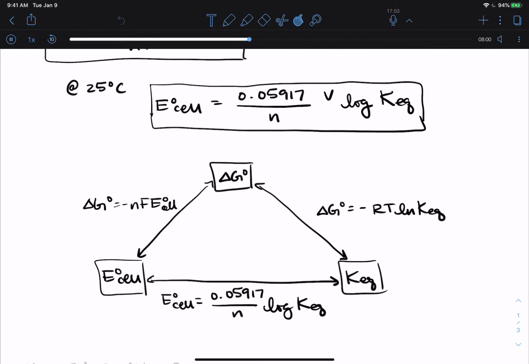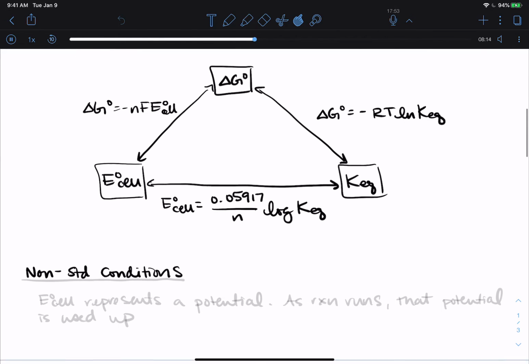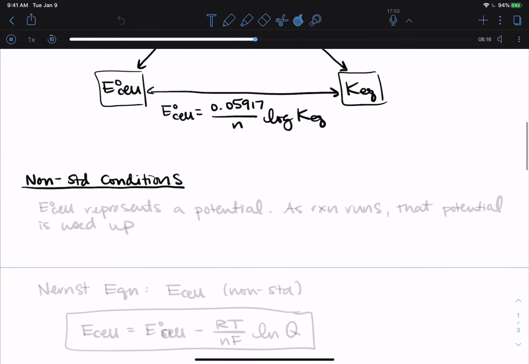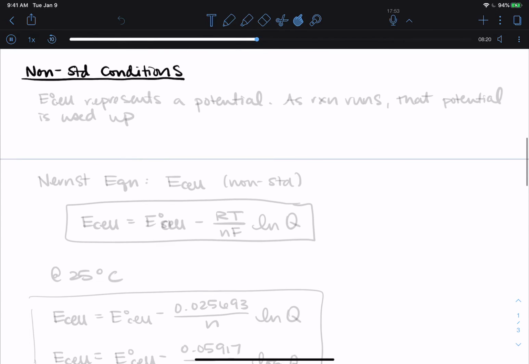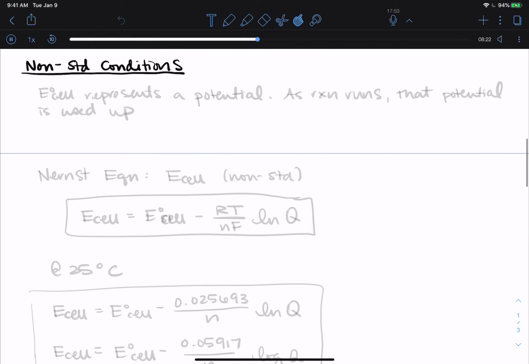All right, so this is all for standard conditions. Non-standard conditions, of course, come up all the time. And if you think about what is happening in your cell, you very quickly move away from standard conditions anytime you actually run an electrochemical cell, right?